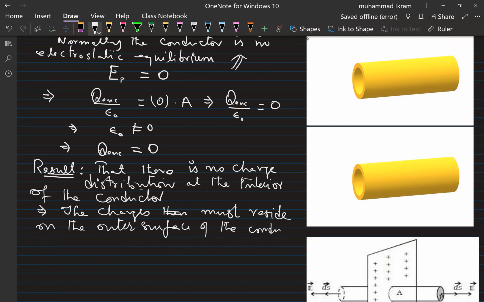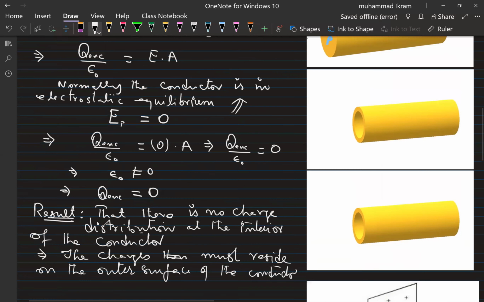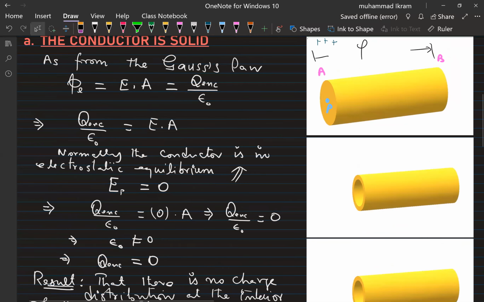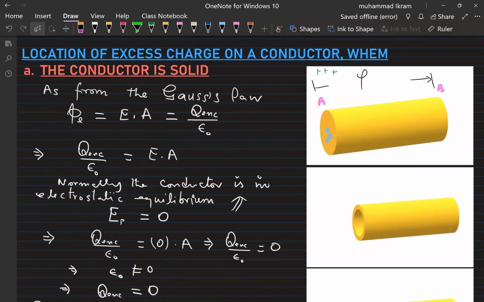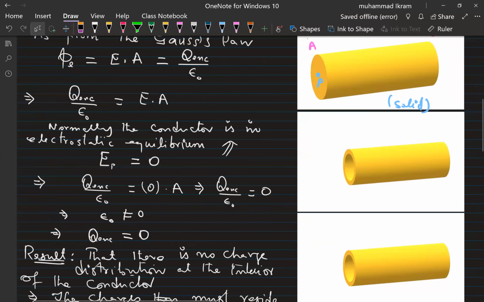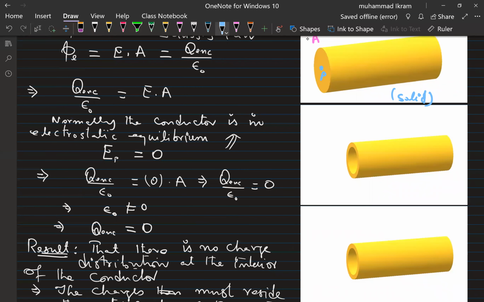The entire charge lies on the outside of the conductor, as you see. So this is for the solid conductor. Now let us apply Gauss law to the hollow conductor.